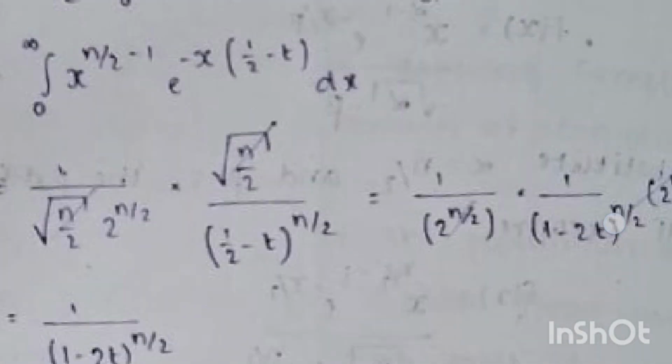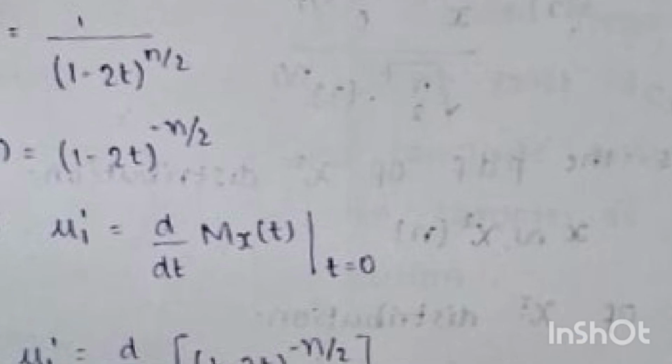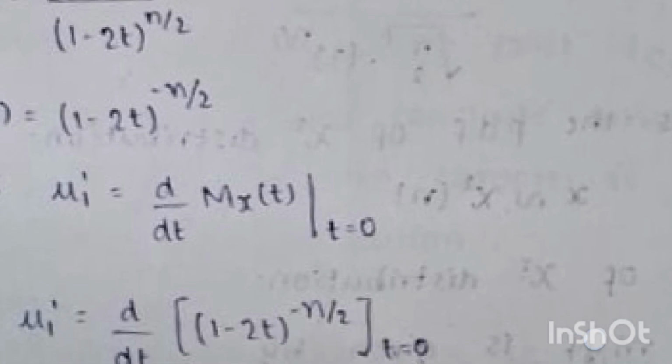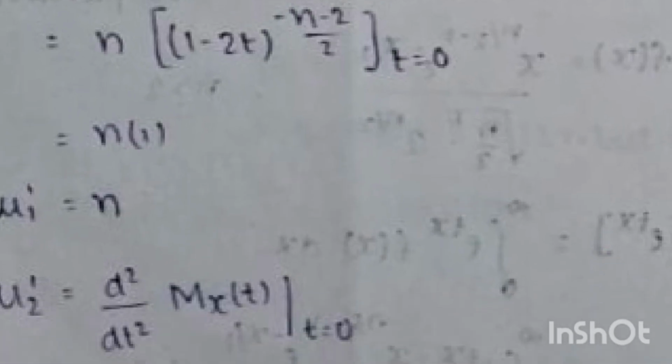By substituting that, we get the value of Mx of t, and from that we observe the mean value is n. Then mu2 dash, from the second derivative, is n square plus 2n.